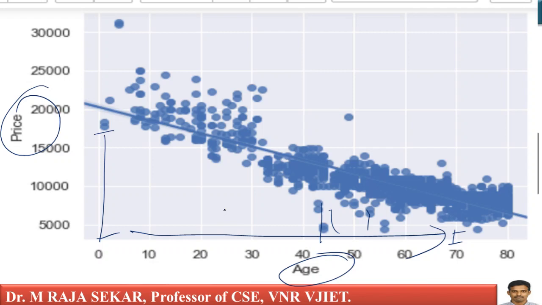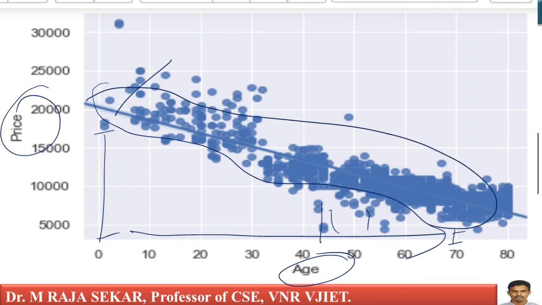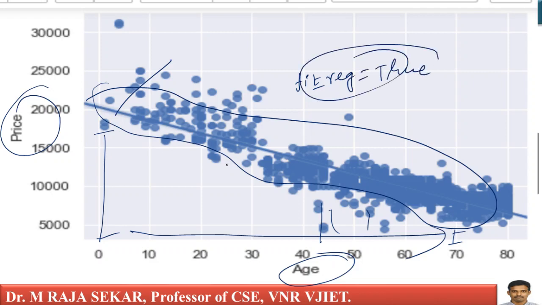If you also see this regression line which is plotted over the scatter plot, this is the regression line, isn't it? This is because by default fit_reg equal to True. I will discuss this. If you are not specifying anything, this function will automatically display the regression line.